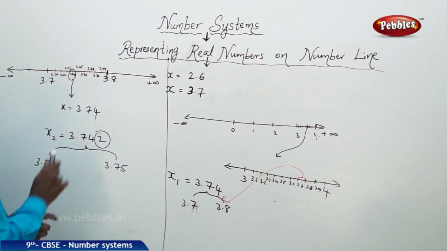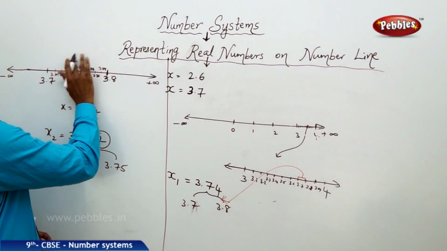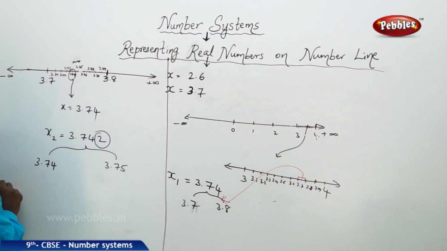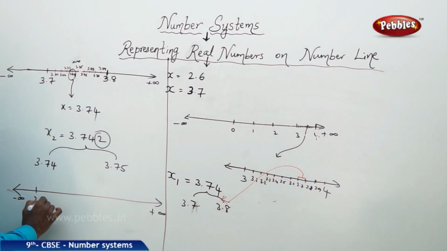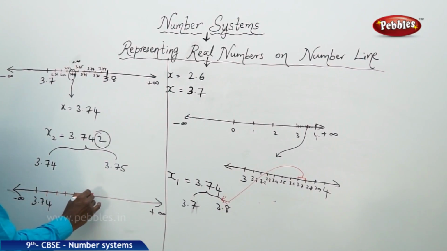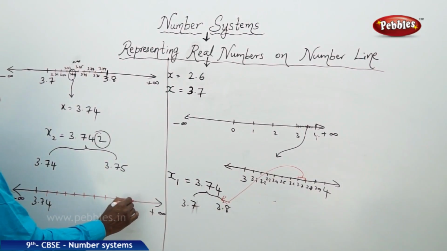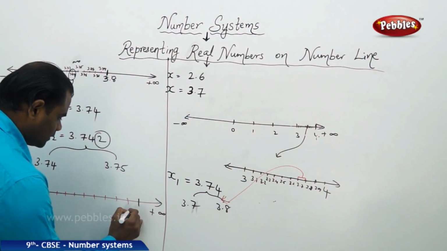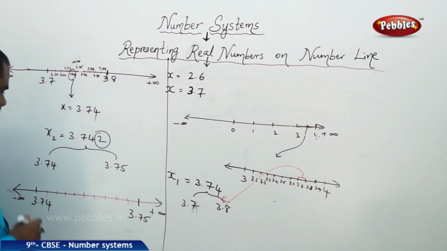So I try to locate the region between 3.74 and 3.75, and I make a new number line, breaking it up into subintervals 1, 2, 3, 4, 5, 6, 7, 8, 9, and then finally the 10th interval, which is 3.75.